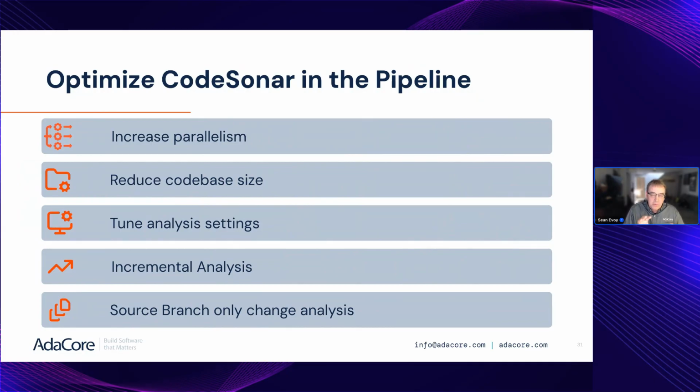So now I'm tuning things up for that walk step. I also mentioned that CodeSonar is capable of tuning the analysis, so I'm only really looking at the stuff I care about. And then finally, I just want to analyze my branch, so I need to configure CodeSonar so it's just doing that. So all of these things are kind of a tuning step.